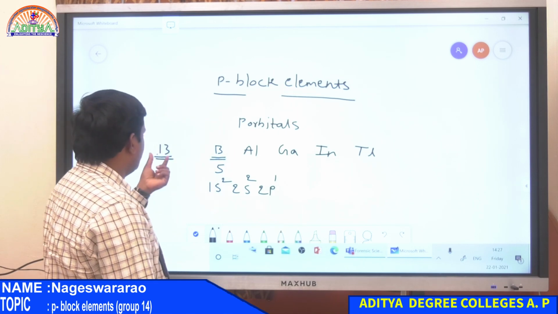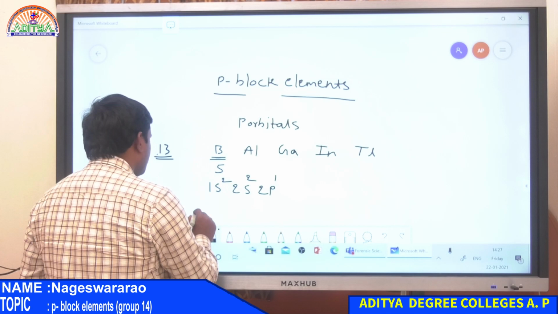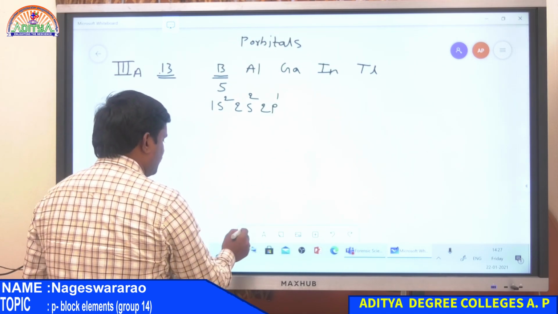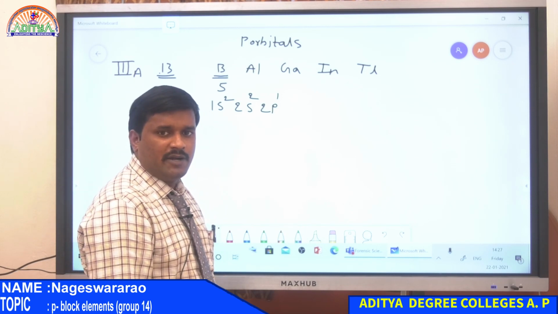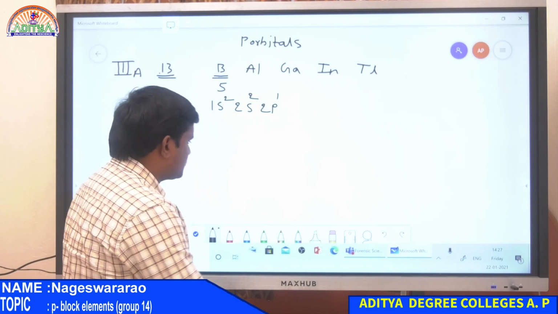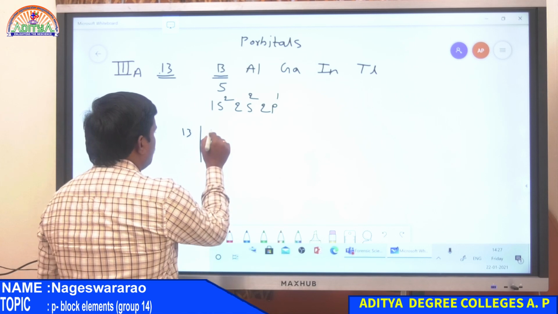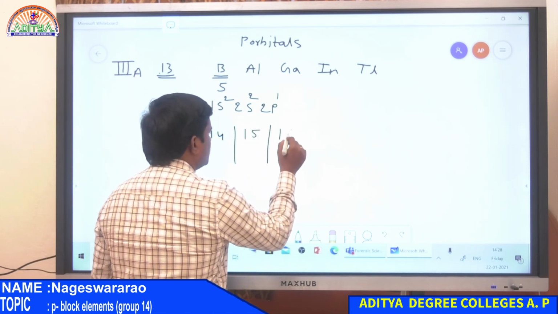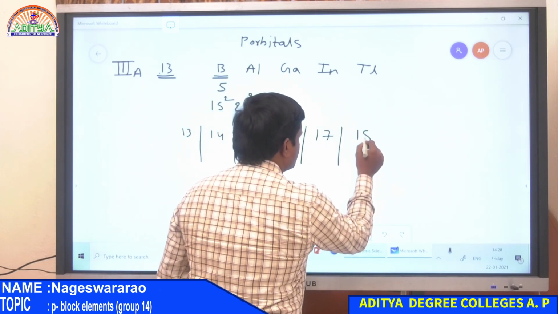This is an example for a p block element, and there are 6 groups in the periodic table in which the last electron enters into p orbital. These are the 13th group, 14th group, 15, 16, 17 and 18th group elements.